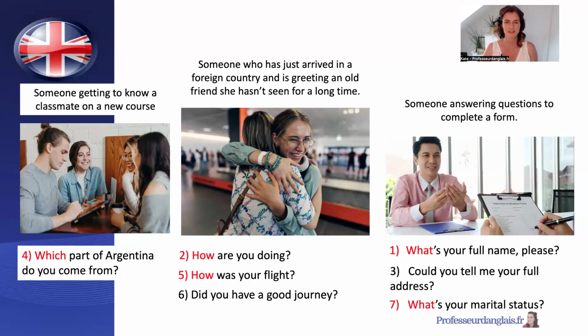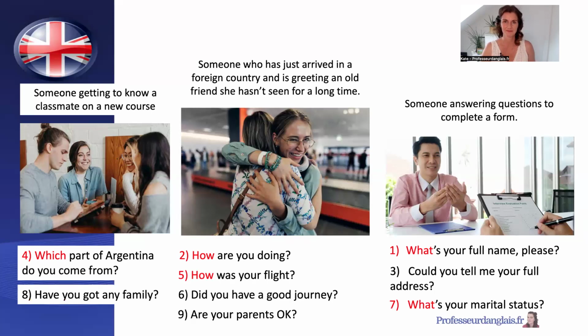What's your marital status? Number 8, have you got any family? Have you got any family? And the last one, number 9, are your parents okay? Are your parents okay? Brilliant.